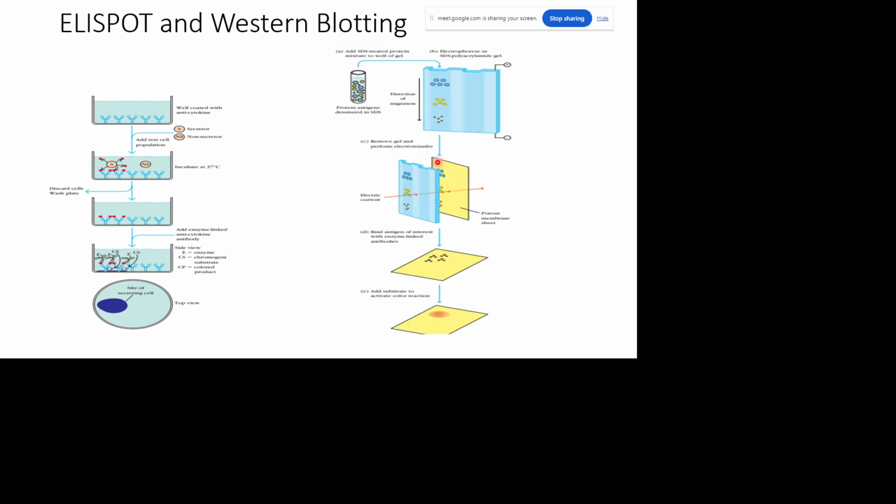Then you will transfer the proteins from the gel to a PVDF membrane, and then you will process the membrane with the primary antibody and the secondary antibody, and then you will add the substrate. If the enzyme is converting the substrate to a colored product, then you will see the color, and you can see that yes, in this lane the protein is present. So that is your Western blotting.